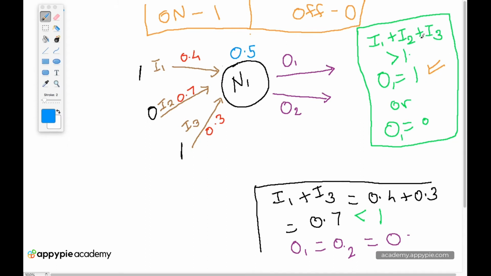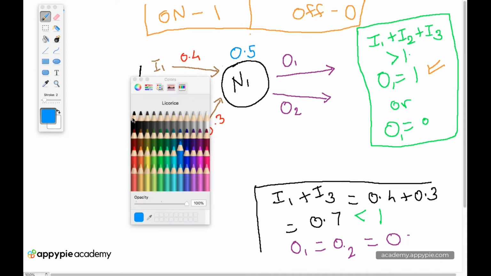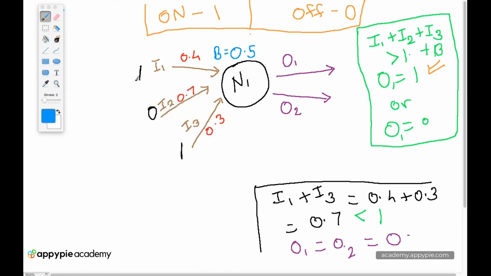Now over here, let's further change our algorithm by adding a plus B. Let's say this is the bias, so B equal to 0.5. And now according to our new equation, let's say we have this case where we have 1 1 0.